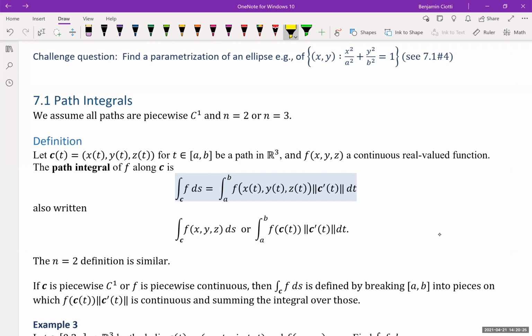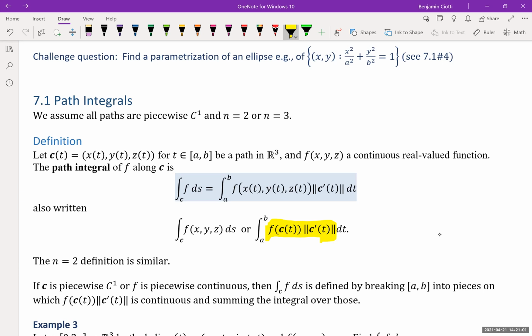And this is the definition if the curve is C1 and if the function f itself is also continuous. But if this integrand here is not continuous, but can be broken up into pieces that are, then you can still integrate the function over the curve by writing it as a sum over the different pieces.